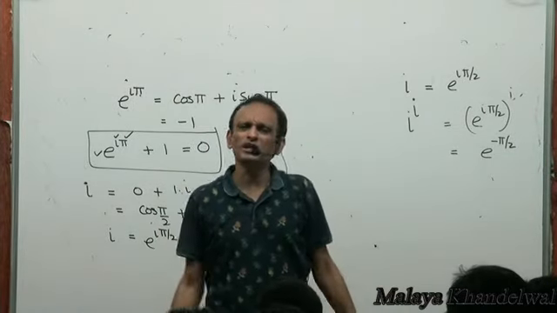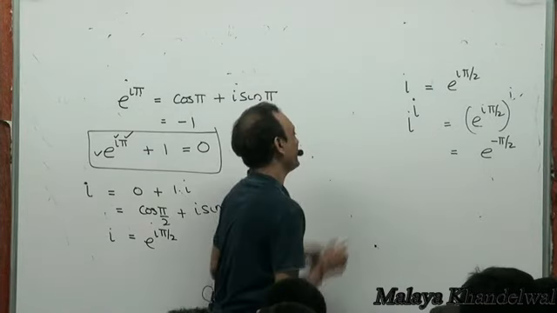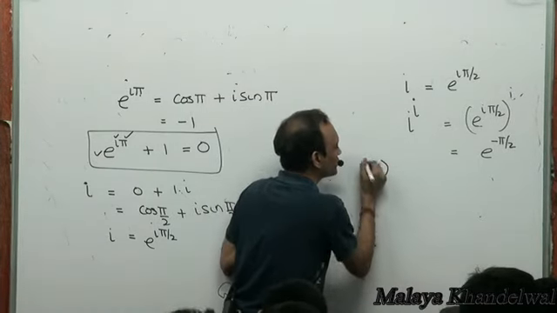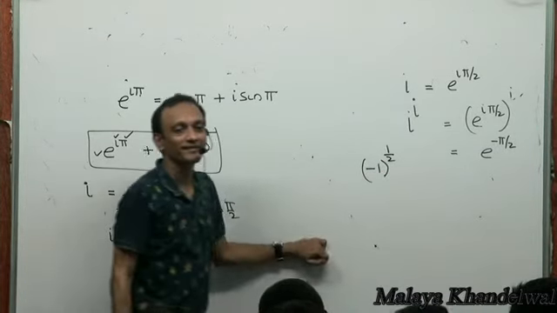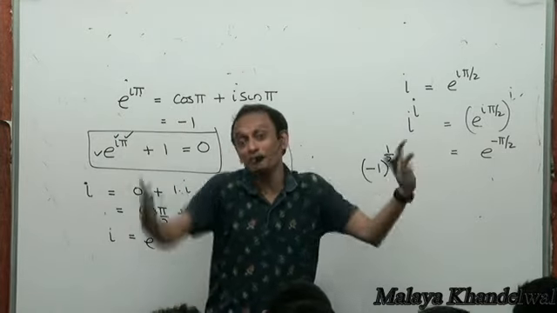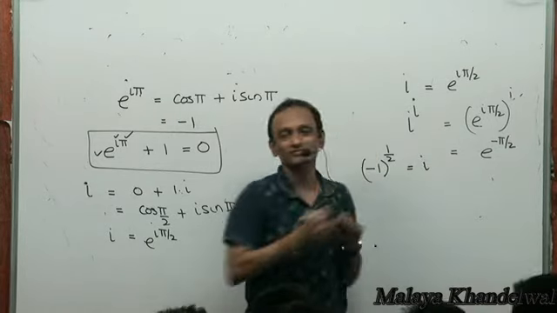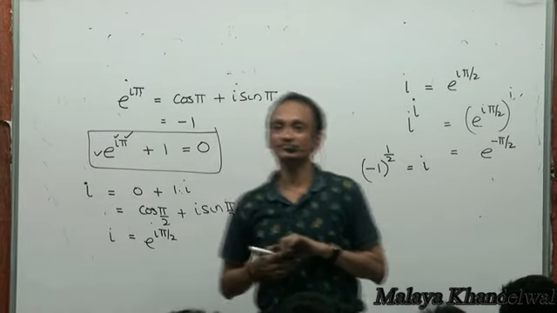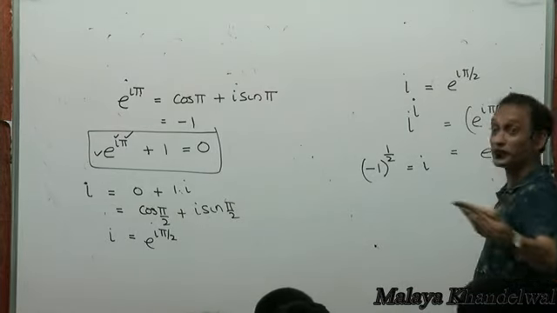A real number to the power real number is always real? Hey, there you got caught. Real number to the power real number, what is it? Is it real? This is I actually. So real number to power real number can actually be a complex number. Yes or no? A complex number to power complex number can be a real number.